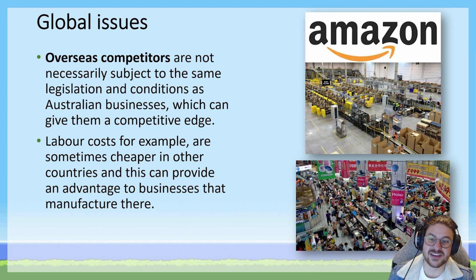Amazon is an example of a business that is an overseas competitor. They are pretty much an American business that is able to sell product to consumers in all sorts of countries, including Australia, and their ability to provide books and tools and electronics with sometimes even up to same-day delivery or next-day delivery uses that convenience as a competitive edge that has put a lot of pressure on domestic businesses that might not necessarily be able to match the same level of convenience.